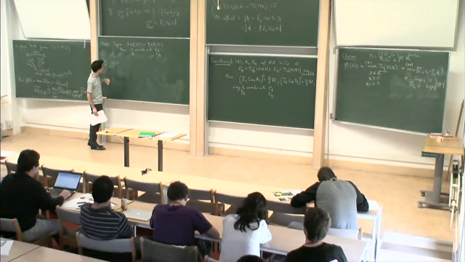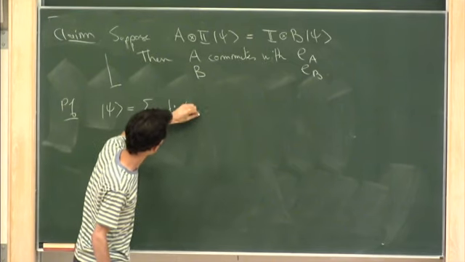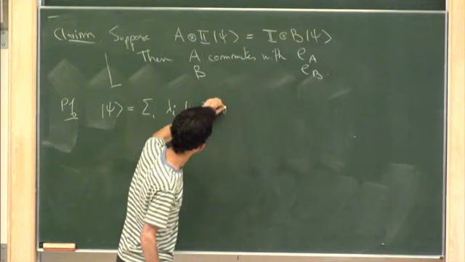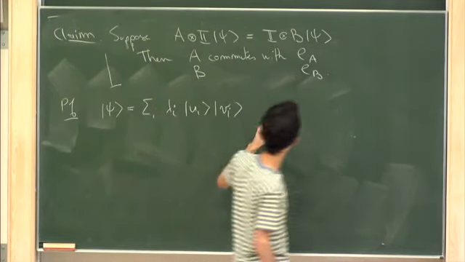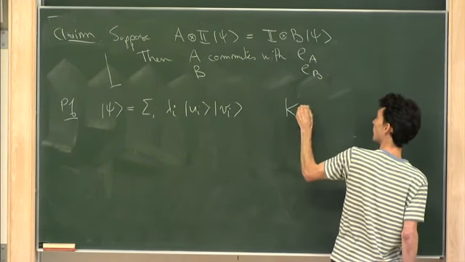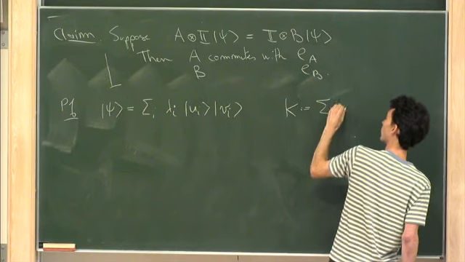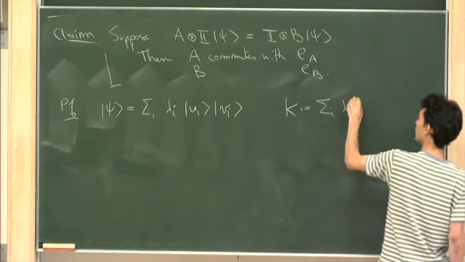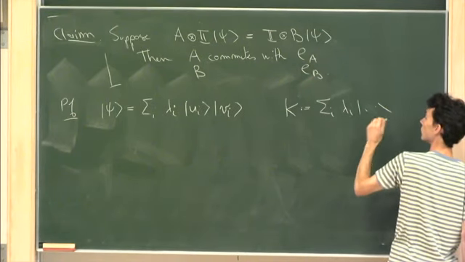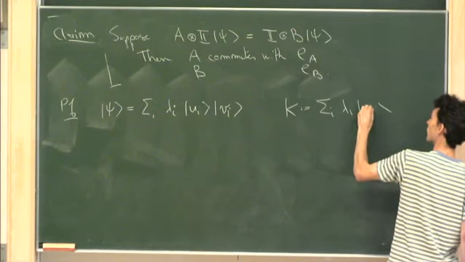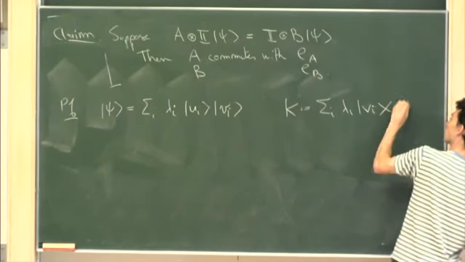Sum over i of some coefficients lambda i u_i v_i, and let's introduce an operator K. So I'll just define K, which is just the sum over i of lambda i, u_i, let's have it v_i, u_i.